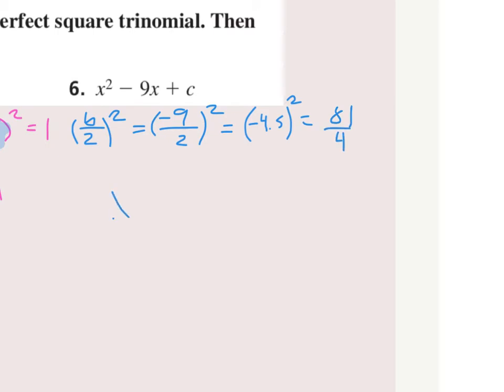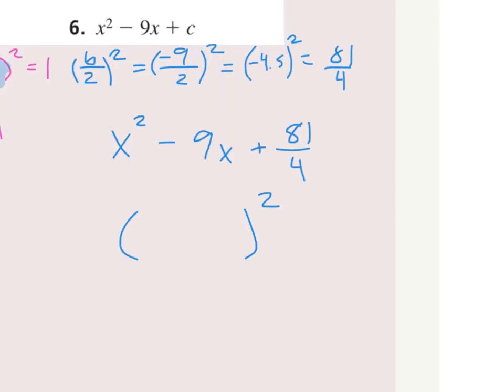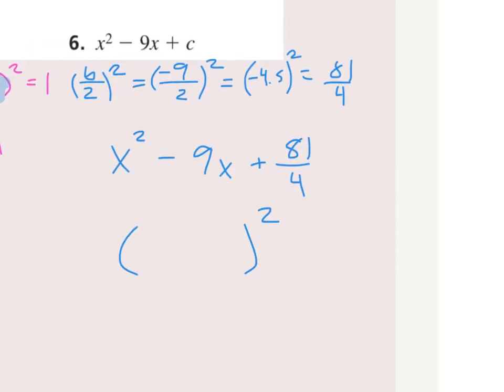So our perfect square trinomial would be x squared minus 9x plus 81 over 4. What is our binomial? x minus 4.5. So again, we could say minus 9 over 2 or minus 4.5, same thing, but it's super important that we keep that negative with it.